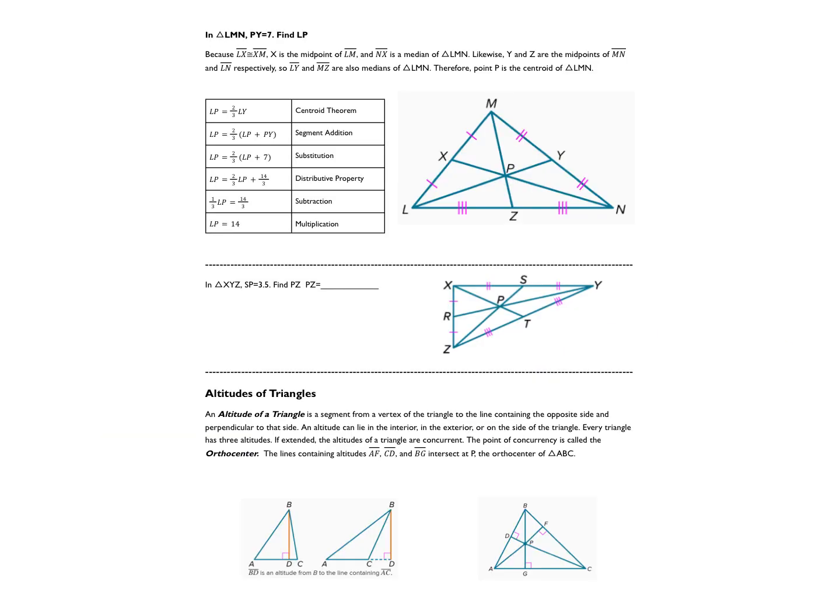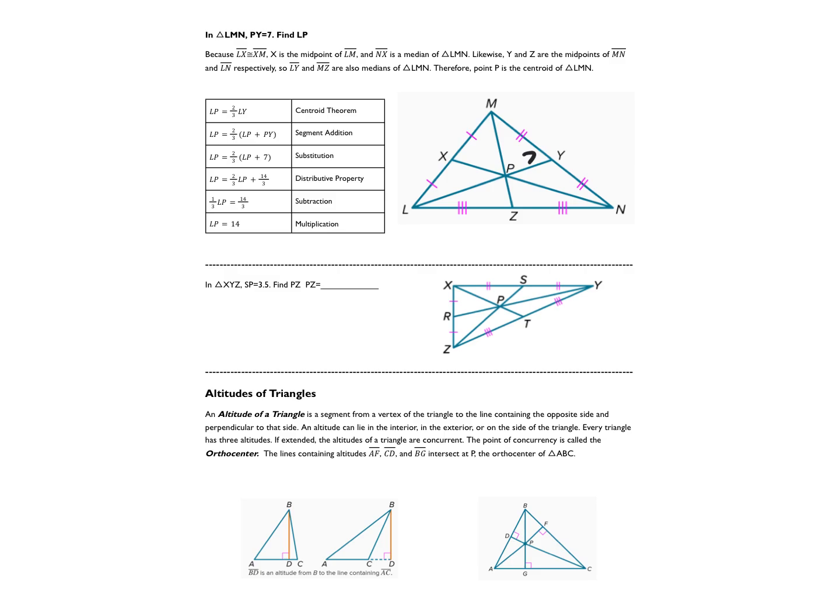Now, in this triangle LMN, we're told that PY, the little short side here, is 7 units long. We're asked to find LP. Well, because LX is congruent to XM, that means that X is the midpoint of LM.